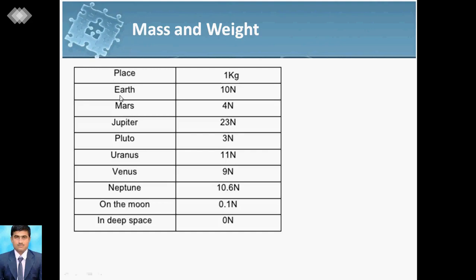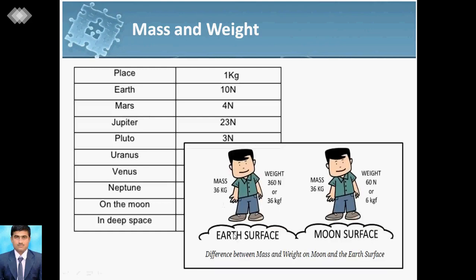So if you consider as an example the earth surface, if you take 1 kg on earth surface, it should be 10 newton. We consider 9.81, but approximately it is 10 newton, right? So if you consider the moon, what will happen?